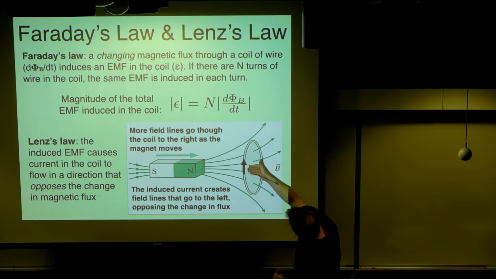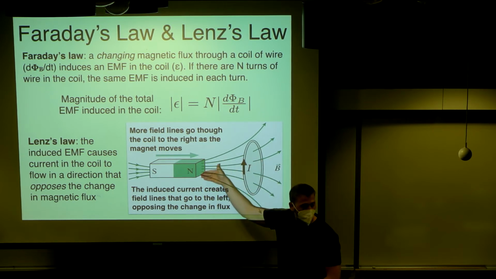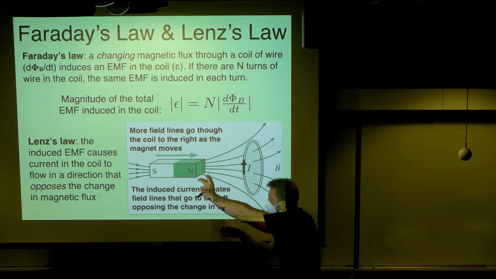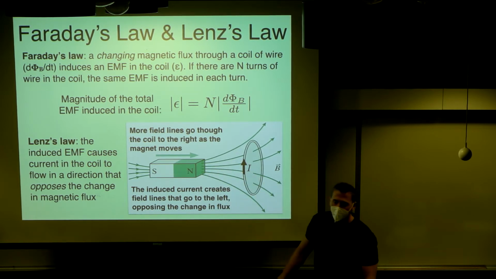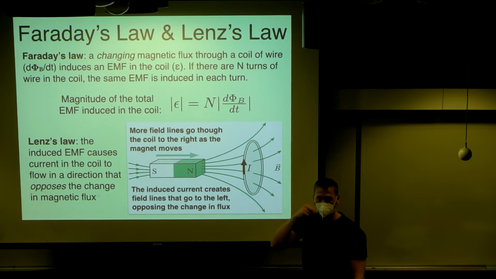So the field lines that get created by current running through the coil this way, not the field lines from the magnet, but from current running through this coil, would tend to go this way, right? That's opposing the change in flux that's happening by pushing the magnet that way. So when we induce this current to start flowing, it's opposing the change in flux that's creating the current in the first place, okay? That's how Lenz's law works.